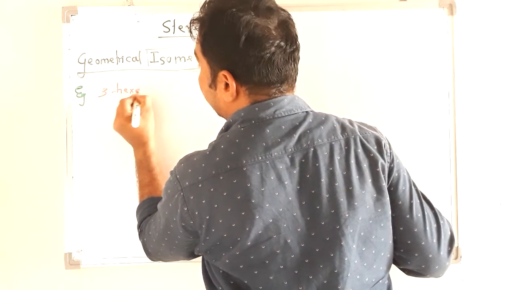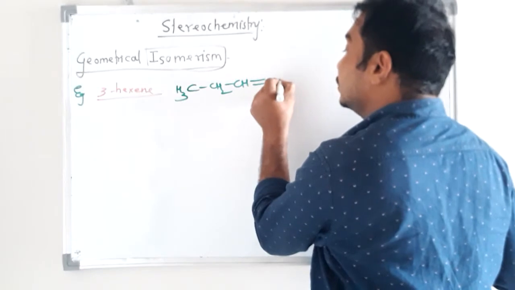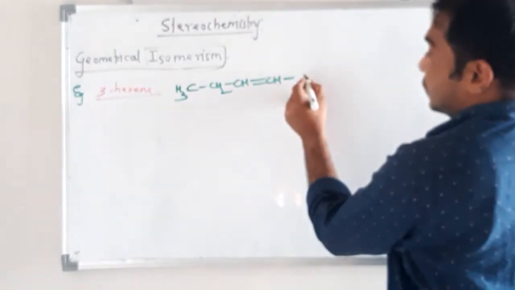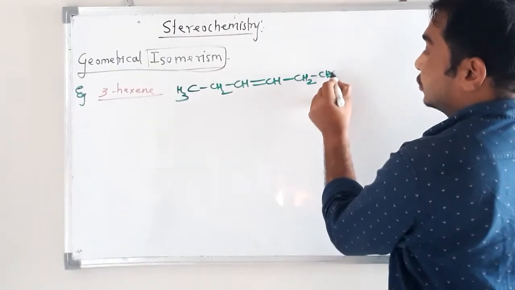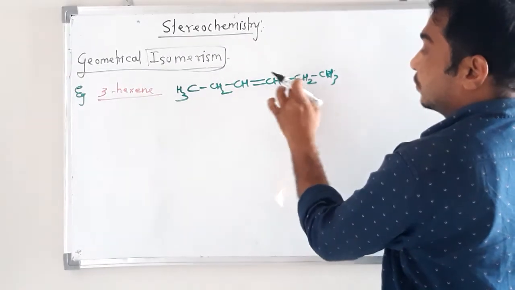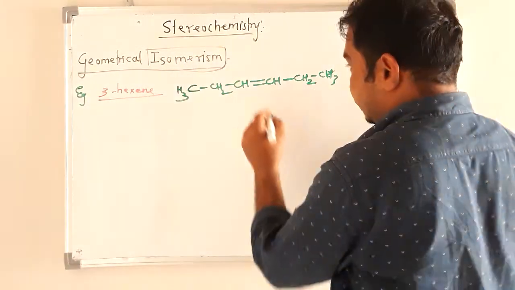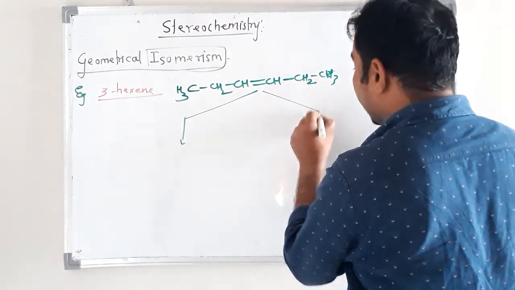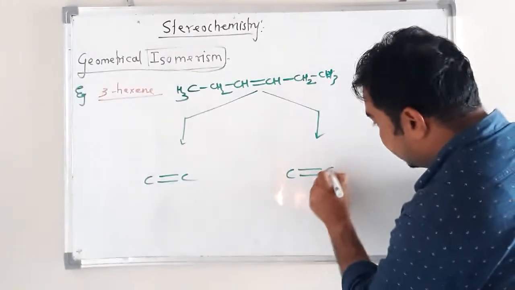3-hexene. In the case of 3-hexene, it is CH3, CH2, CH=CH, CH2, CH3, carbon atoms 1, 2, 3, 4, 5, 6. Here, if you want to write its 3-dimensional structure, okay, then you will have two possibilities. Here a carbon-carbon double bond.